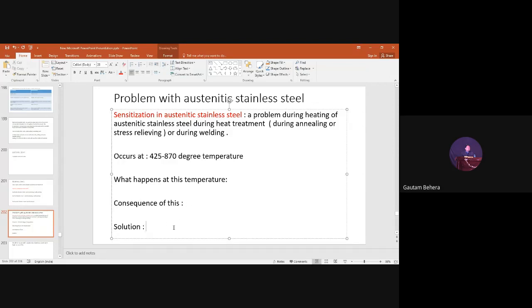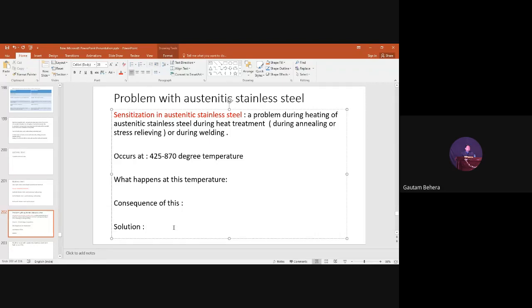So we can have three solutions to this sensitization. The first solution is we can reduce the weight percentage of carbon. If you reduce the weight percentage of carbon in austenitic stainless steel, we can protect the steel from this sensitization, right?